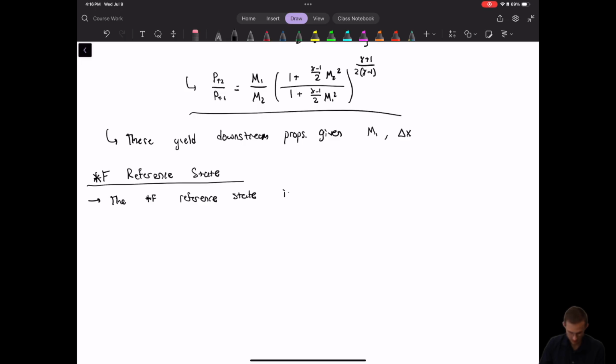is the state reached when you adjust the flow to M equals 1 along a Fanno line.